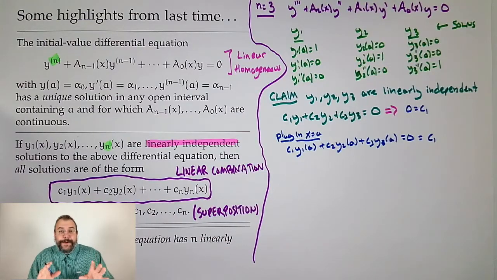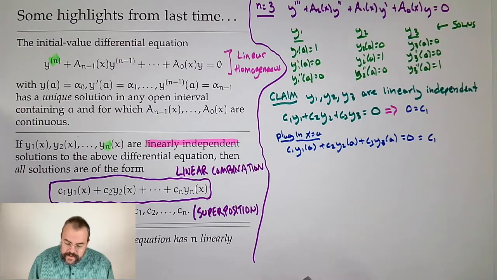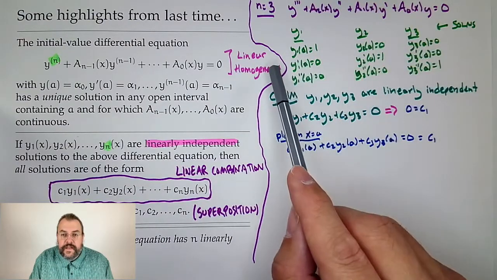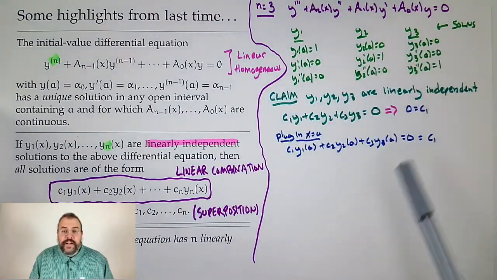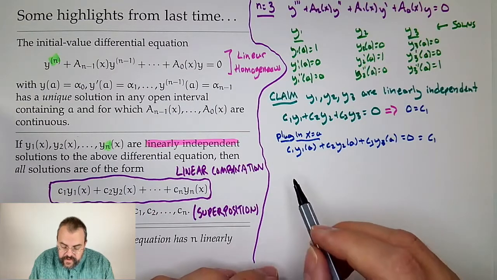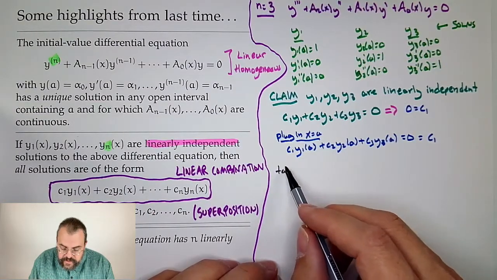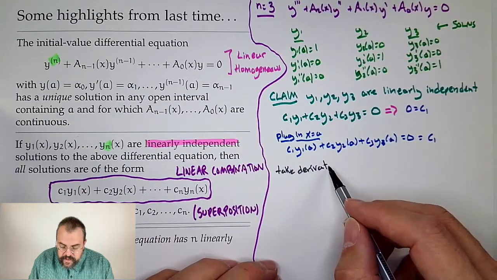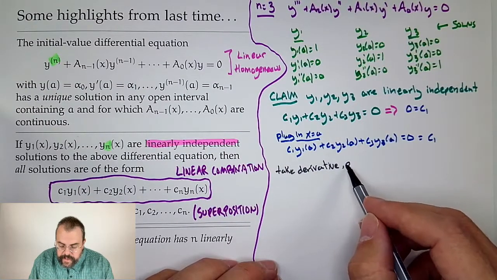Now we're not done, but we've definitely started, because we need to show c1 equals 0, c2 equals 0, c3 equals 0. All right, well, what do we do next? Well, we've used the fact about the function at a, so there's something here about the derivative at a. So let's take our derivative, and then we'll plug in x equals a and see what happens.